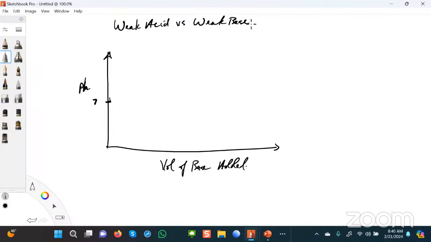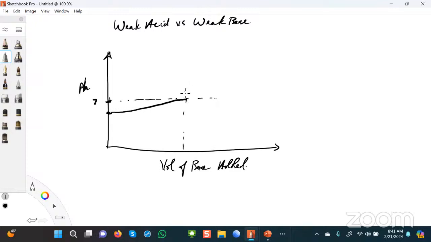what's going to happen is that before you add any base, the pH will be relatively high, below 7, but relatively high. So I'm just going to put it here. If it were a strong acid, it would probably be somewhere down here. And then what will happen is that as you're adding your base, the pH will rise until you get to the equivalence point. So it won't rise much. It gets to the equivalence point.